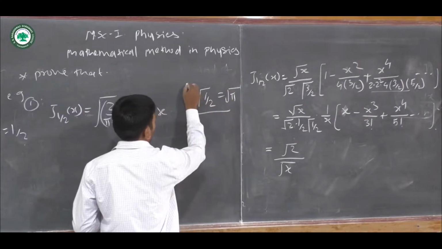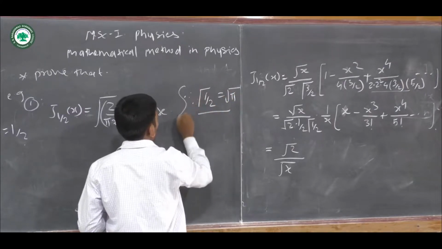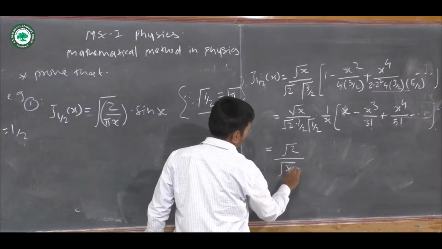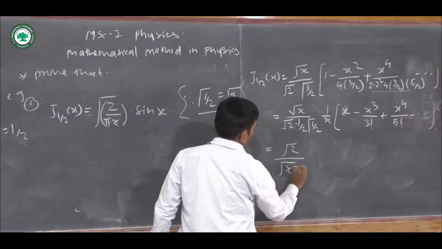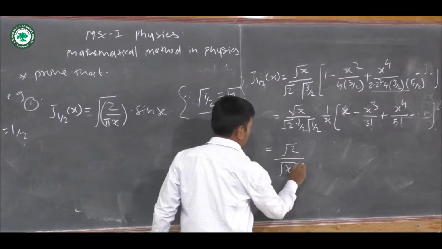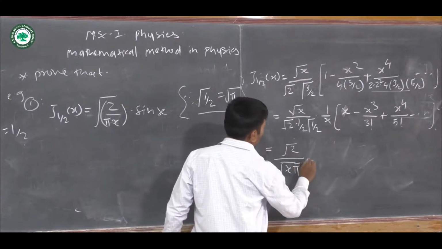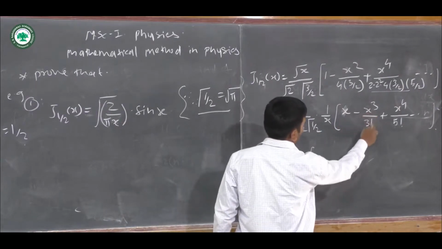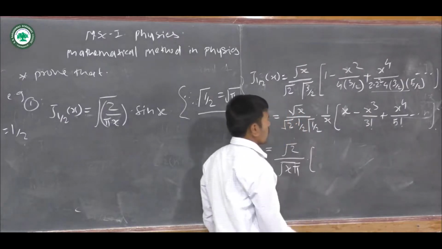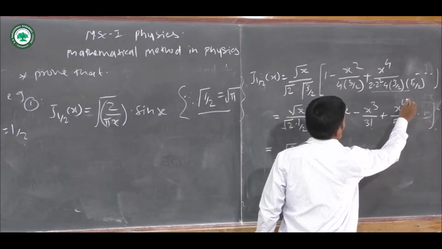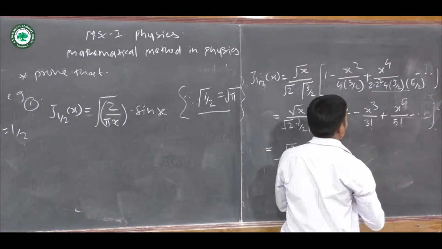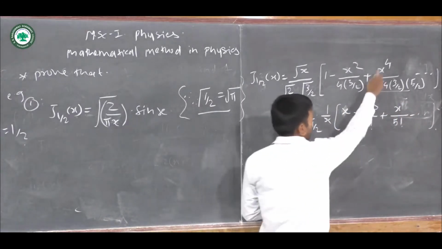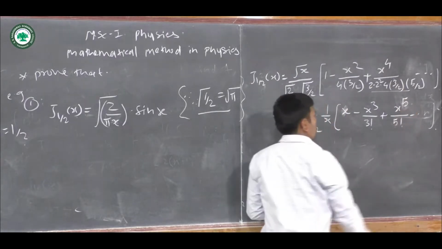This is the relation I am using here, so it is under root pi, into x minus x cube by 3 factorial plus x power 5 by 5 factorial, sorry, because we are taking out the common factor, that is 1 by x. So this power 5 becomes 5 factorial.